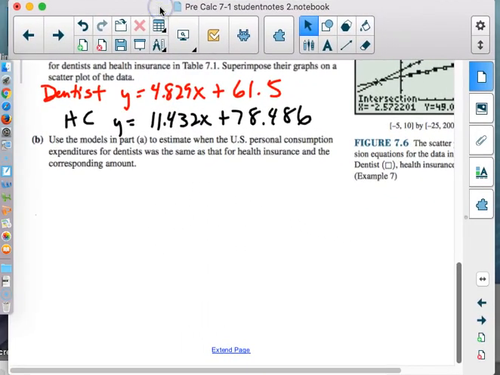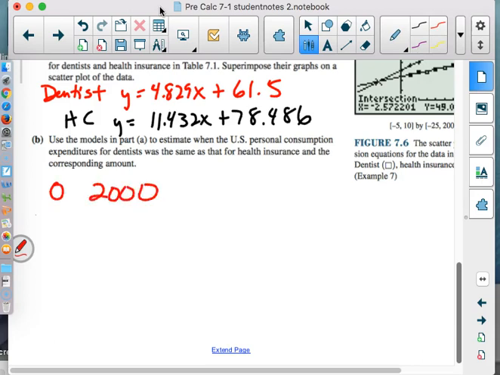So what we want to do is back this up and say, all right, well, we had used 0 for 2000. And what we just found out was that we have to back that up a negative 2.572 years. So if we take 2000 and we subtract that 2.572 years, we get 1997.428.